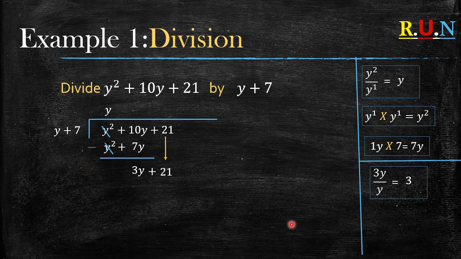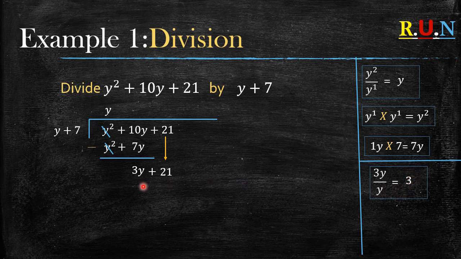In case you don't understand, let me put it on the side here. 3y divided by y equals 3, because this is like 3 divided by 1. What is the answer? It's 3. That's the number part. Now the letter part: there is no number written, so the exponent is 1, and this is also exponent 1. So what is 1 minus 1? It equals 0. That's why we only get a 3 as the answer.